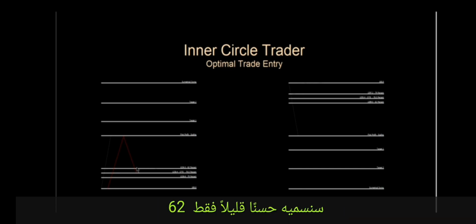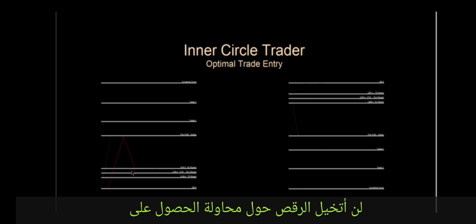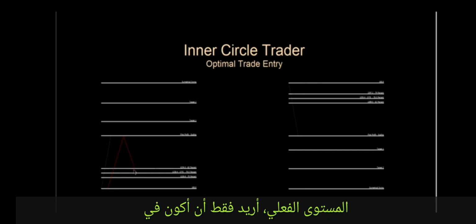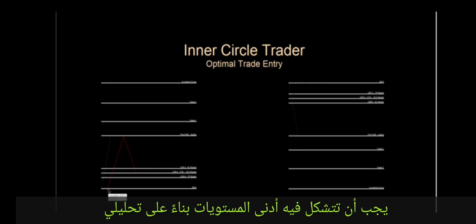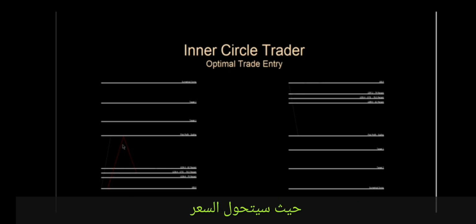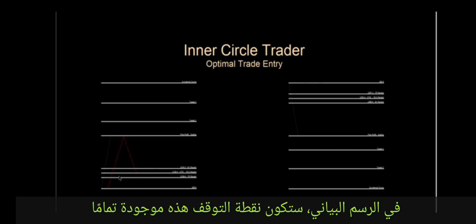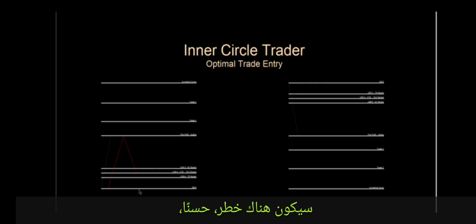We'll call it. Okay, just a little bit above 62. I'm not going to fancy dance around trying to get the actual level. I just want to be in at a level that makes sense. Okay, and then between that and where I think the low should be formed based on my analysis, I'll show you what that looks like in the chart. The stop would be exactly right there. So between the two reference points, that would be the risk.